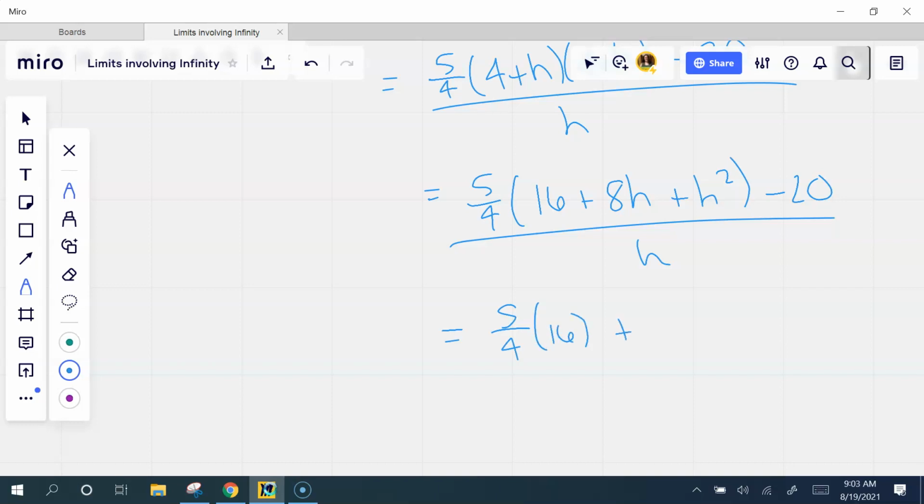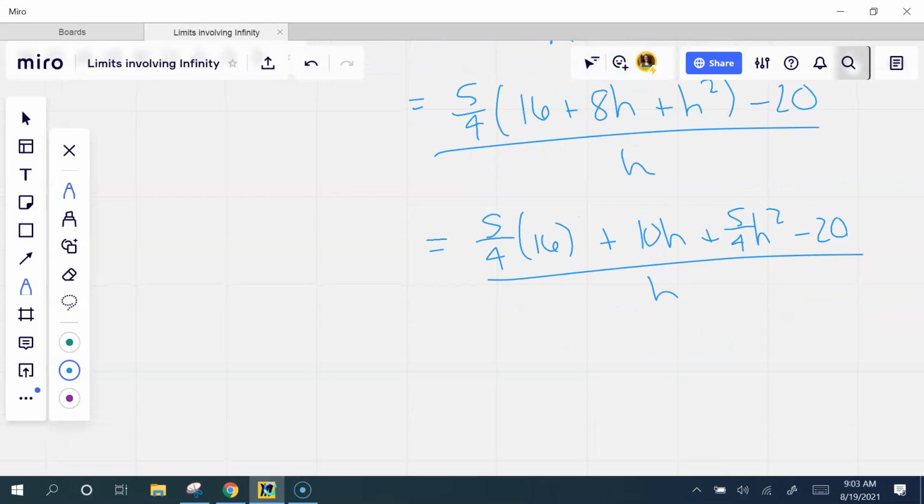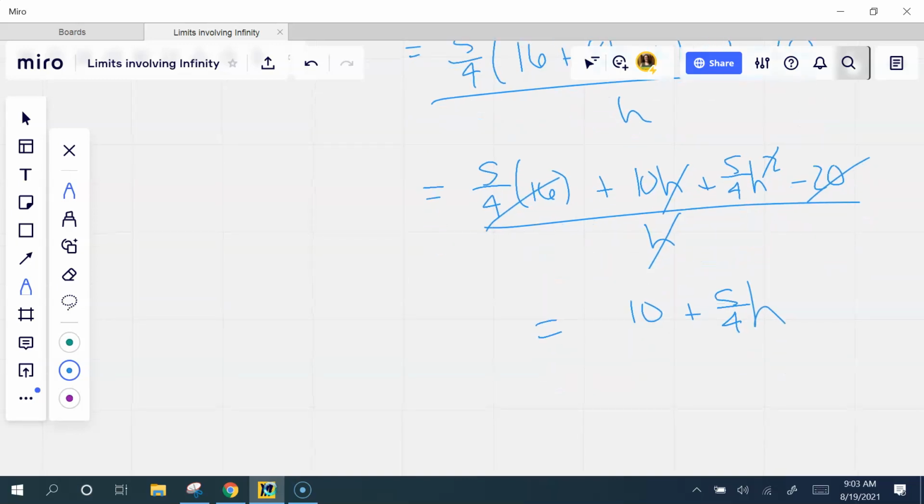That's fine. This is in the limit. You don't have to do that.